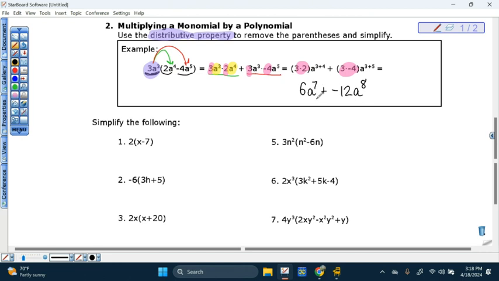Can we combine those two things together and do 6 minus 12 and get negative 6? Who says yes? Why do you say yes? Because you can add the exponents when it multiplies. The variables are the same, correct? I've got a and a, but this is a to the 7th, and this is a to the 8th. They don't have the same exponents, so they're not like terms.